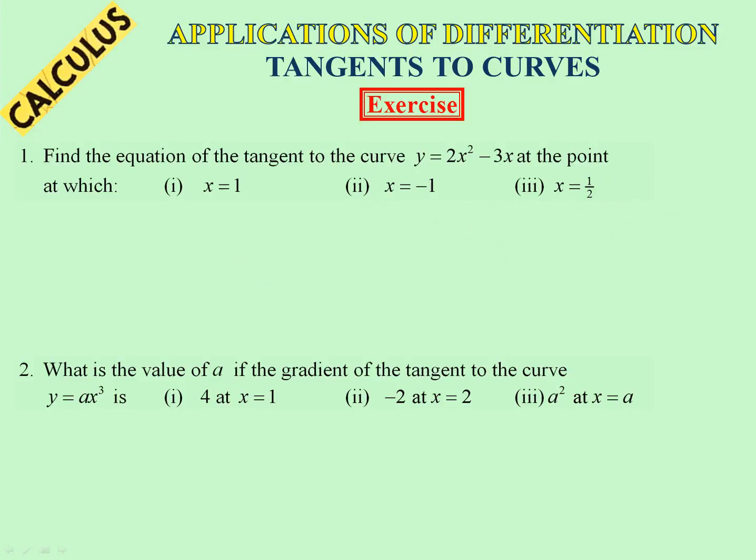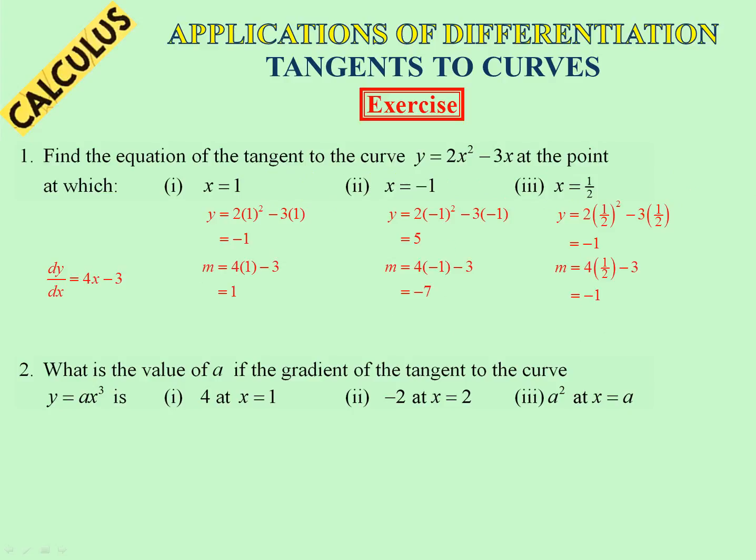And then use y minus y1 equals m(x minus x1). So into the originals to find the y value. We now have x1, y1 for each. Now we substitute each of these into the gradient. Now we have m. So we can now use our equation.